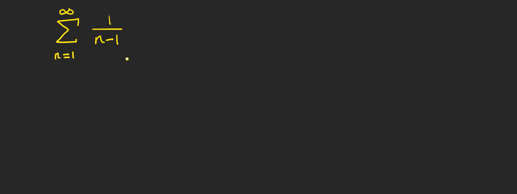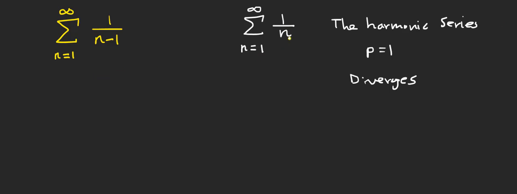What about this infinite series? What can we compare it with? We could compare it with 1 over n, which is the harmonic series with p equals 1. Therefore, this infinite series diverges. Now, which one is bigger?